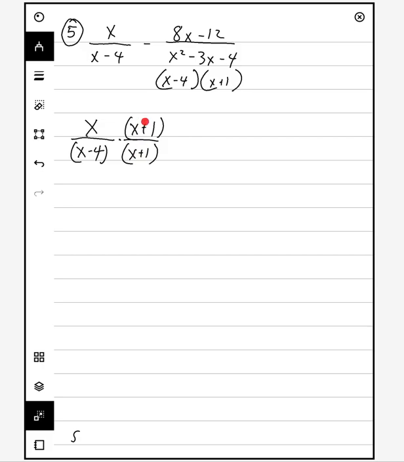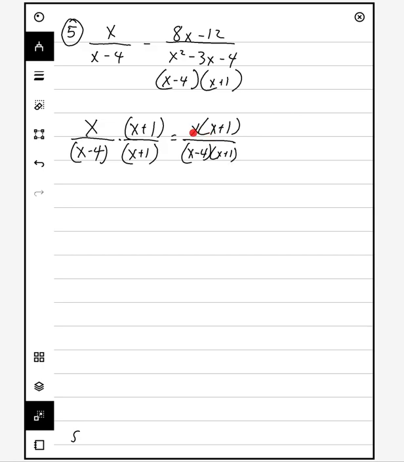We do the top and the bottom by the same thing so that we're multiplying it basically by 1, so we're not really changing it. So we have x plus 1 over x minus 4, x plus 1.